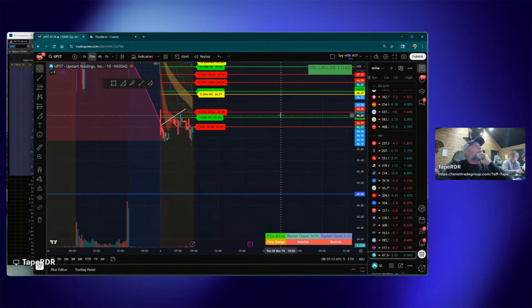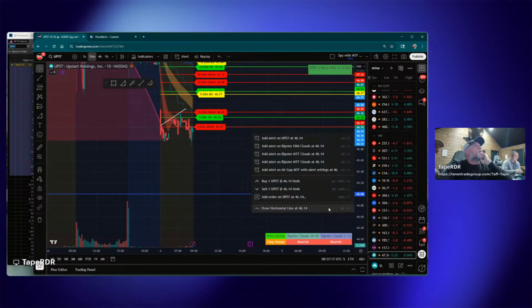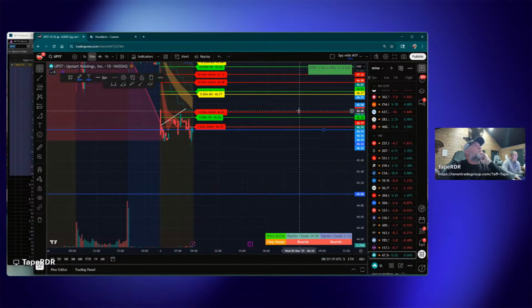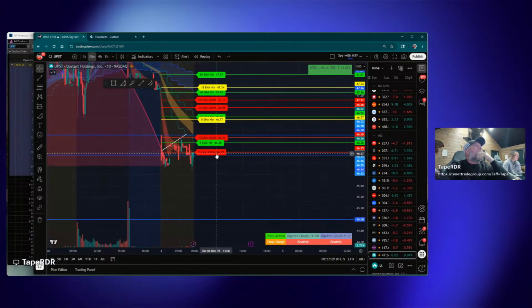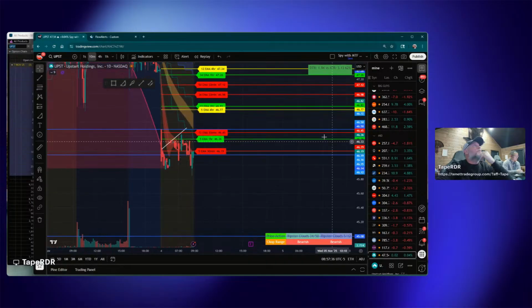And then we're going to set our stop. So this would be entries. And we're going to set our stop 30 cents up. Right here, 46.50. That's going to be our stop. That way we have a 30-minute, a 1 hour, and a 30-minute in between here. So this will be stop.